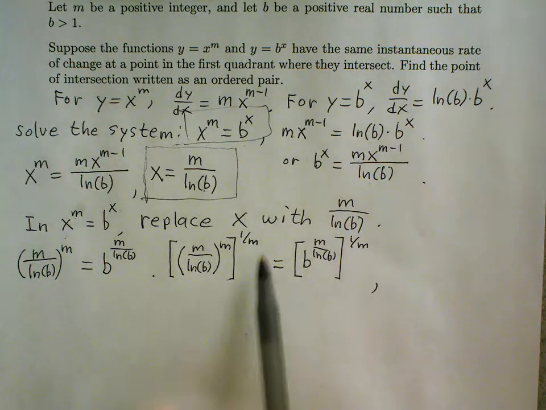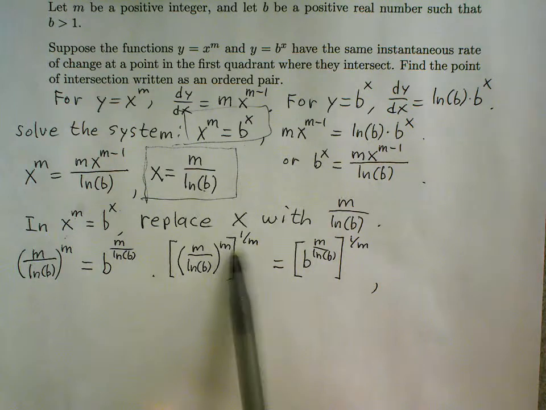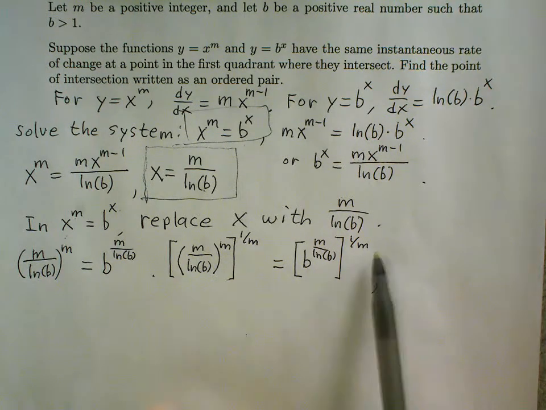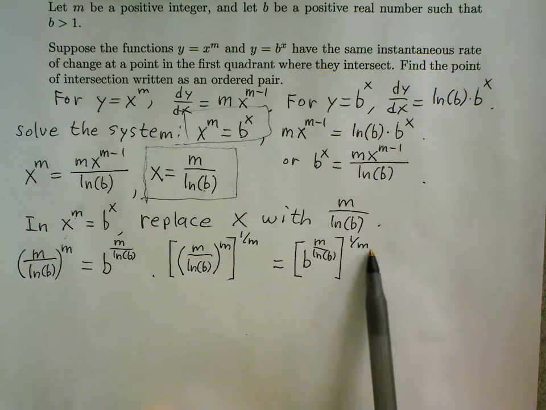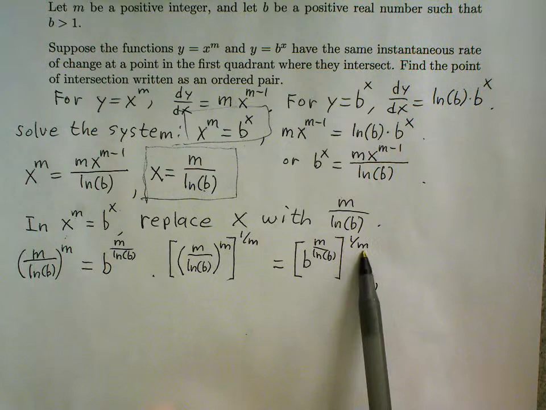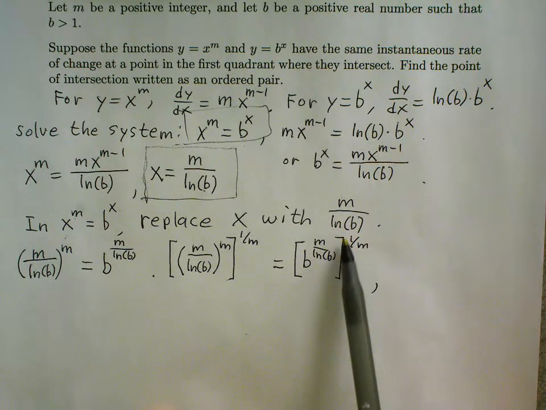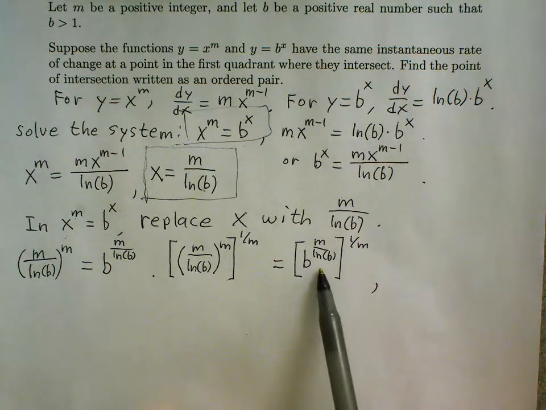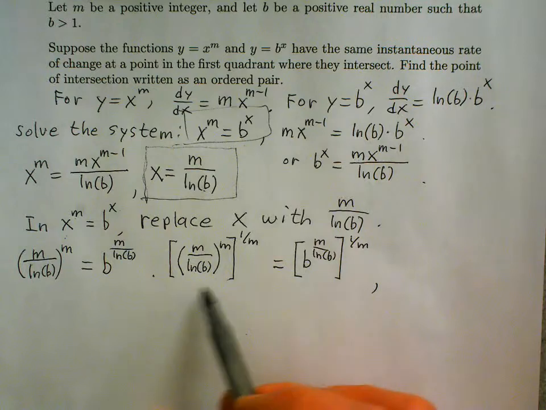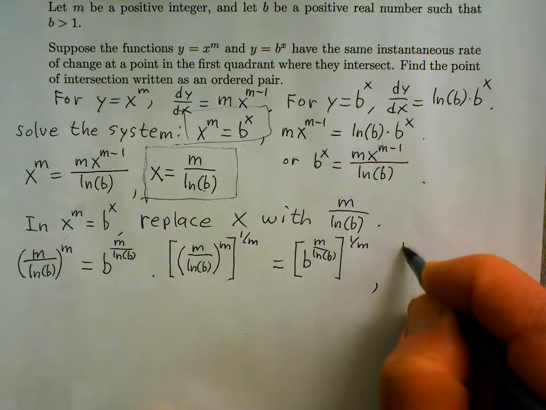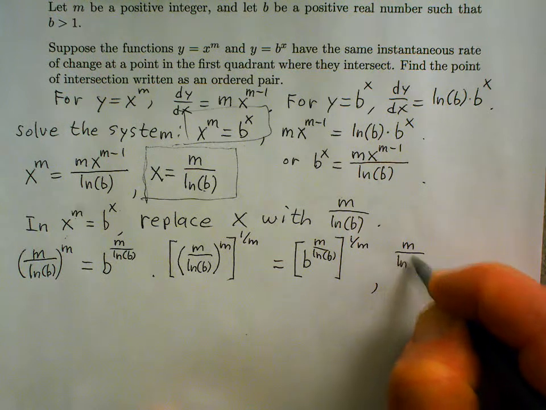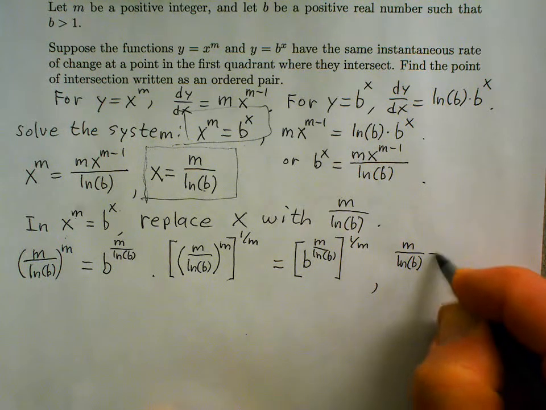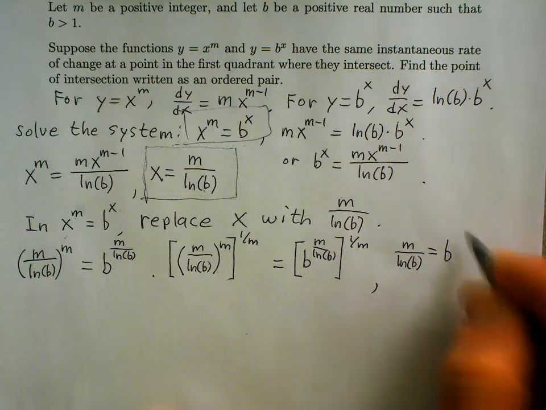And then applying the property of exponents, we multiply the exponent 1 over m times m, which is 1. And on the right-hand side, we also multiply the exponents 1 over m times m over the natural log of b. That will just simplify it to b to the 1 over the natural log of b. So this equation becomes m over the natural log of b equal to b to the 1 over the natural log of b.